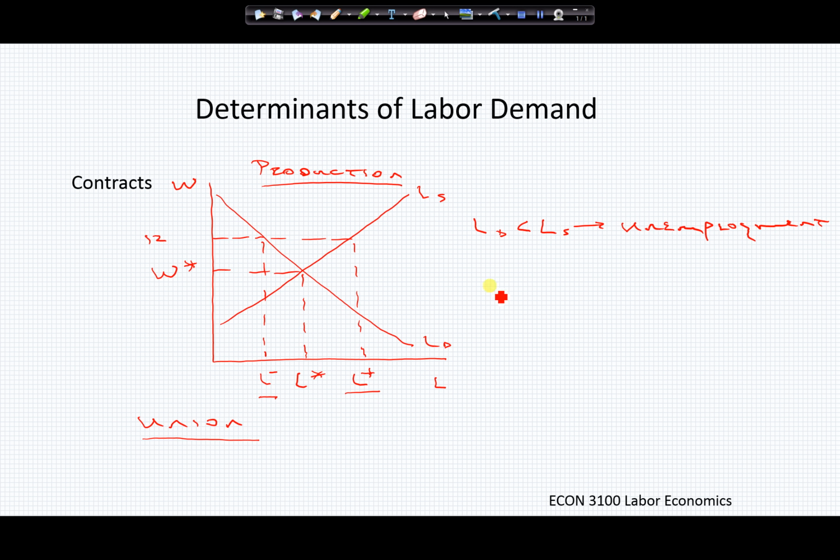Now, if this contract had, instead of only negotiating the wage, negotiated both the wage and the quantity of workers, what might this have looked like? Labor demand, labor, wage, some labor supply. And let's say I'll call it 10 is what our W star was perhaps, and let's say it's 30 units of workers, and it moved to 12.